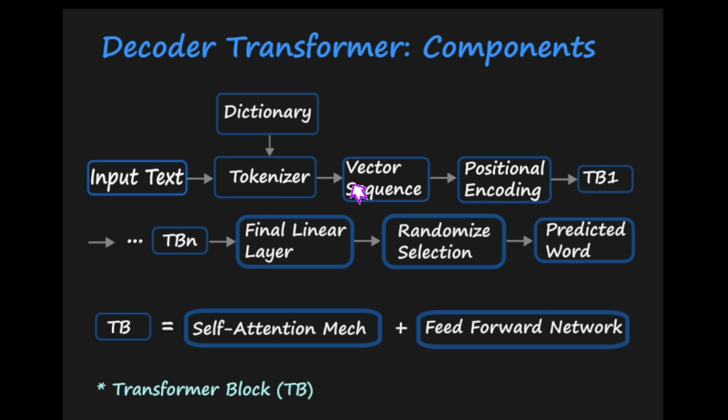Okay, this is the input text and tokenizer. The input text is turned into tokens by the tokenizer. The tokens are stand-ins for words. The dictionary holds the set of all tokens that the decoder transformer handles. The tokens are represented by high-dimensional numerical vectors.